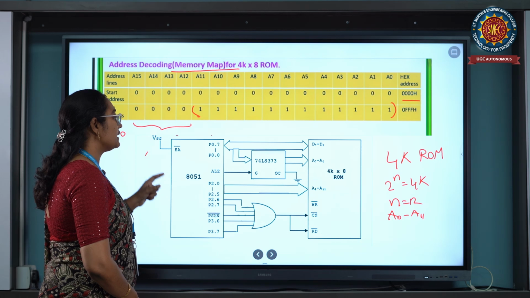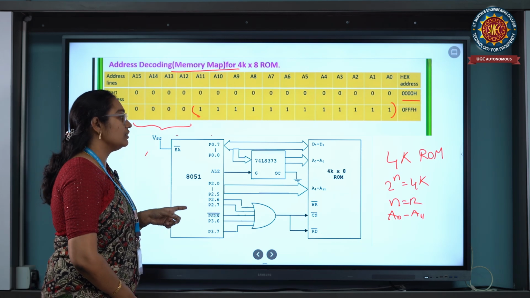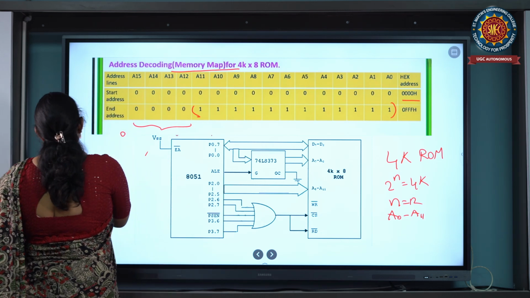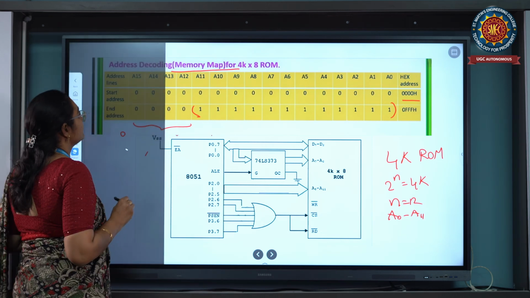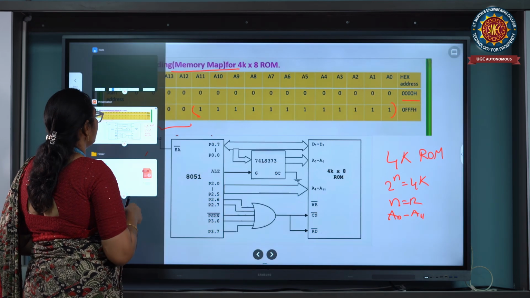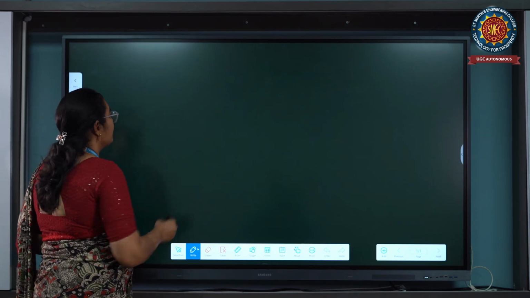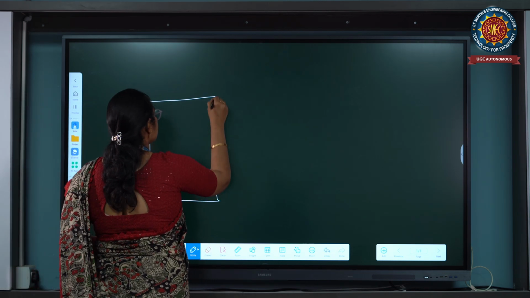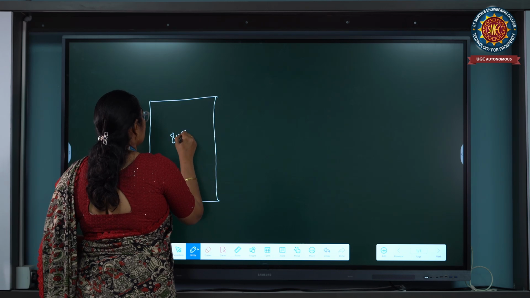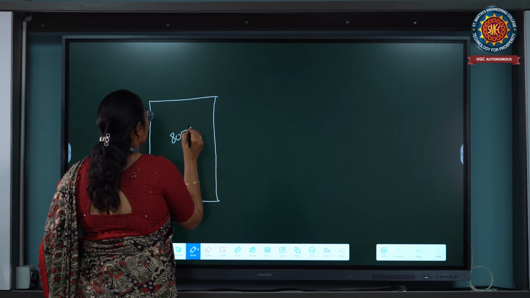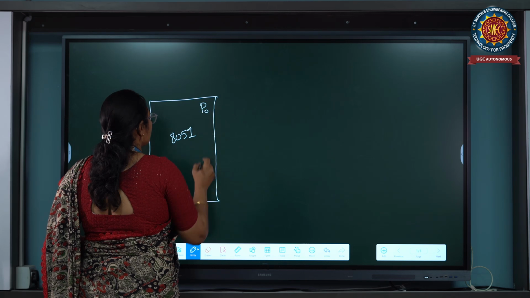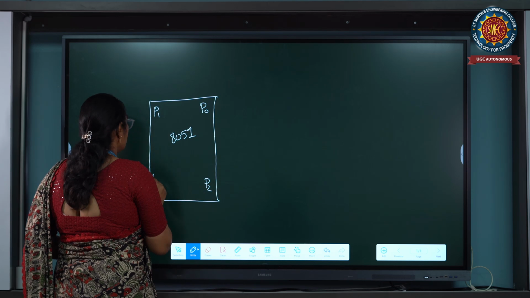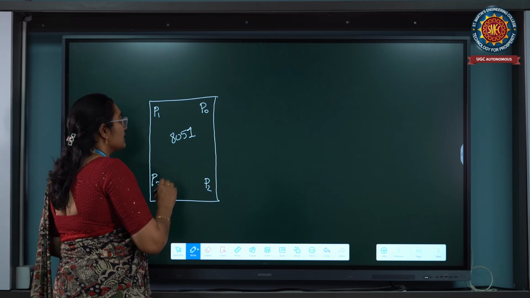Okay, this is the diagram for the 8051 microcontroller for interfacing 4 kilobytes of ROM. We will discuss it with the board. We can draw the 8051 microcontroller, which consists of port 0, port 1, port 2, port 3, that means it consists of 4 ports.